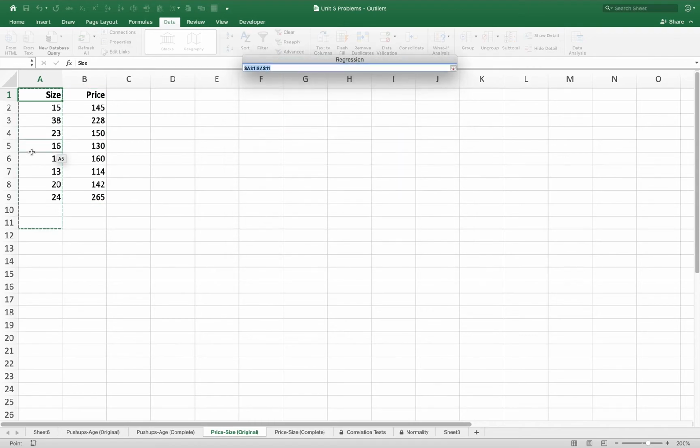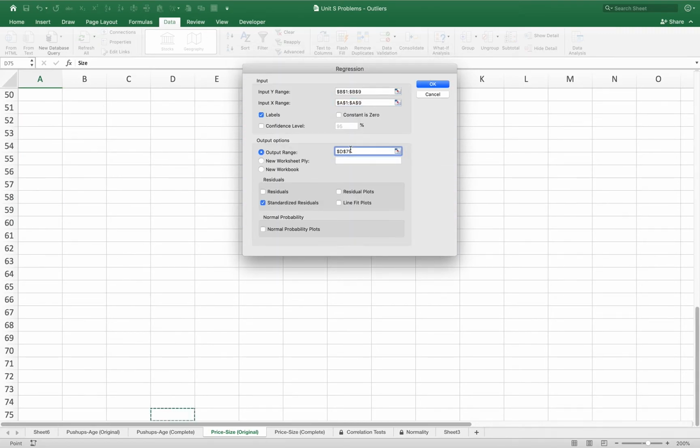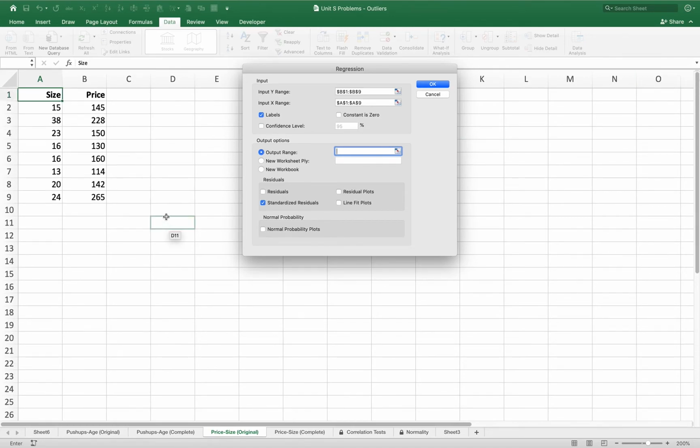My x variable is size, and then everything else is fine except for the output range here. I'm not going to do it way down there. I'm going to move that up to about here. Well, I guess I can put it up there.